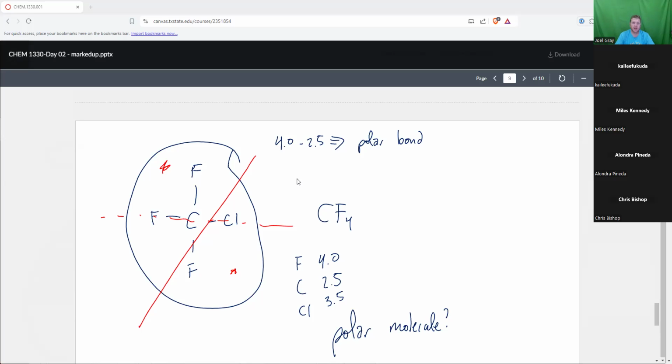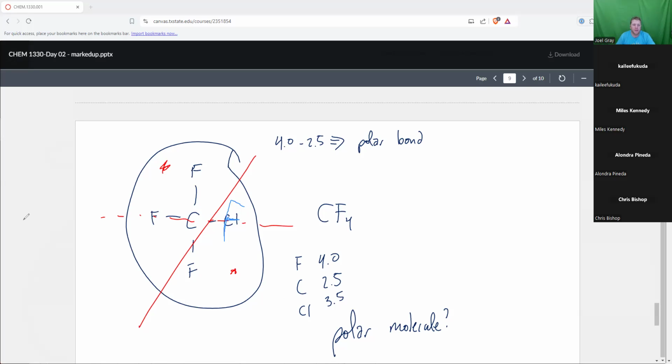And then you have to think about if that makes our molecule symmetrical or not. CF4, which is similar to what's drawn here, I'm going to go ahead and write right here, CF4. That's a perfectly symmetrical molecule. So that is a non-polar molecule.